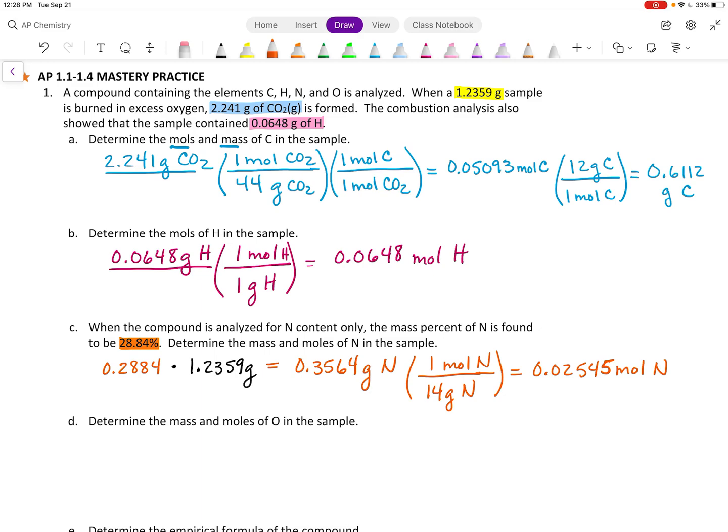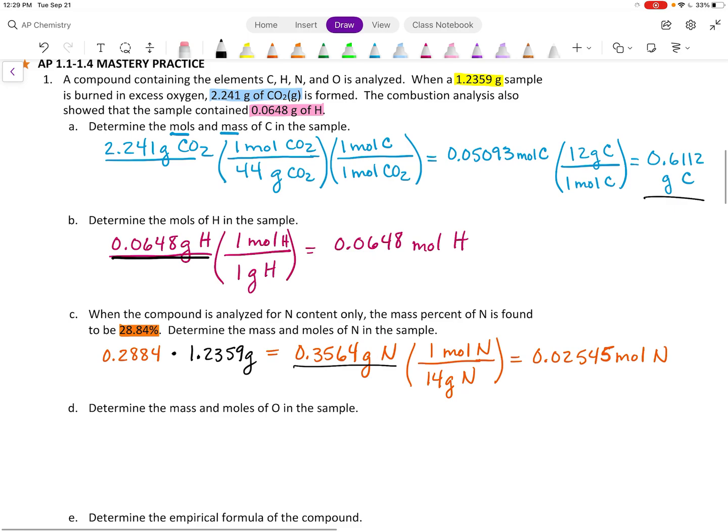Now we're going to look at how to determine the amount of oxygen. So we have a mass for carbon, we have a mass for hydrogen, and we have a mass for nitrogen, which means conservation of mass says that we should have the total amount that we started with, that we ended with.